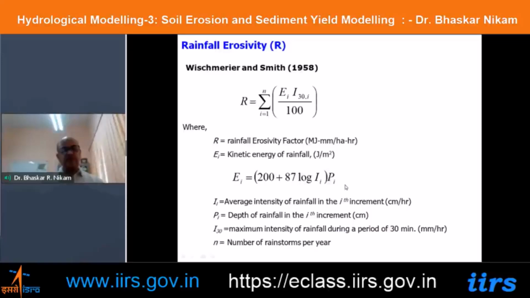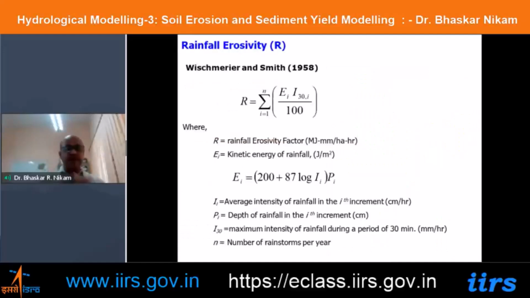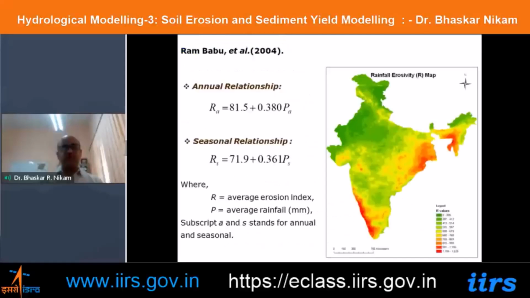Now it is very difficult to calculate this R factor. You require rainfall from a recording type rain gauge, because here we are dealing with intensity. If you want the intensity of a storm, you require data from a recording type rain gauge. A non-recording type rain gauge will only give you the depth of rainfall. It will not tell you when the rainfall has happened or what its intensity was. That you can only get from a recording type rain gauge.